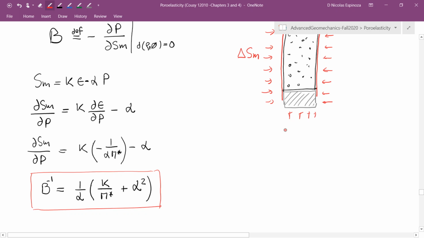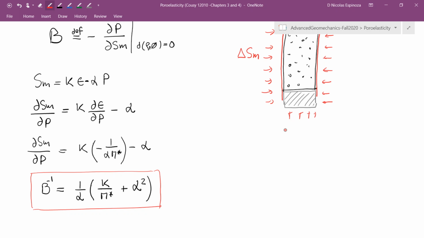This is something which is overlooked sometimes, but it is extremely important when you compare P waves measured in the field and P waves measured in the laboratory. Because in the laboratory, many times, we don't do such a great job saturating rocks, and therefore the P waves that we measure in the laboratory are lower than the P waves that we have in the field under fully saturated conditions.